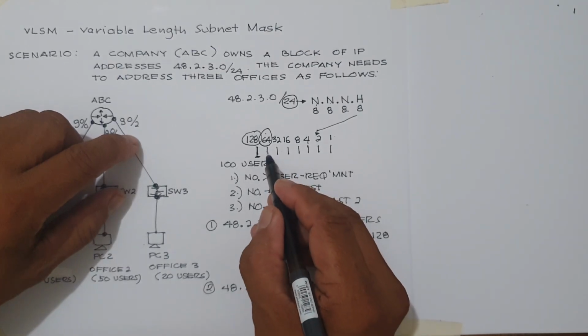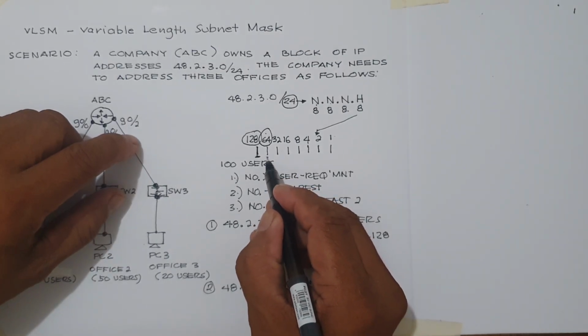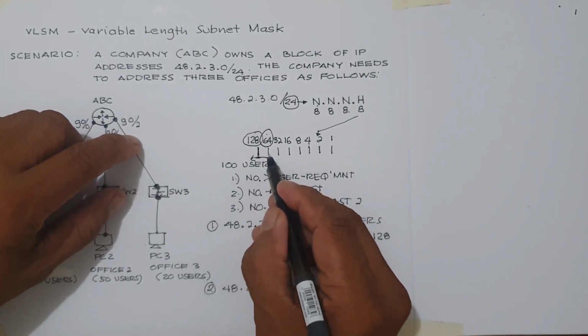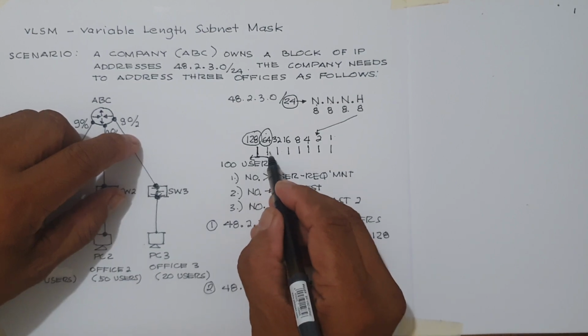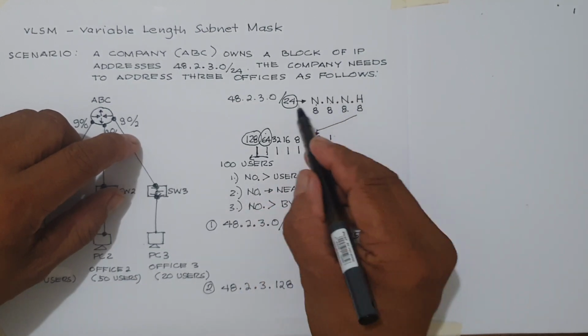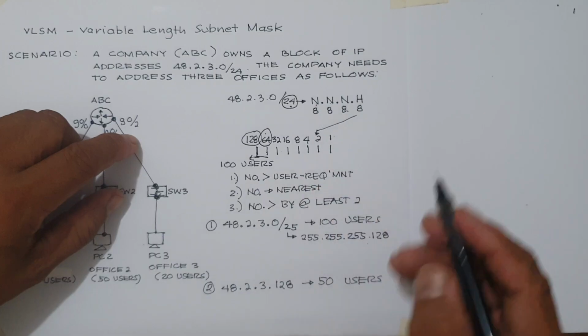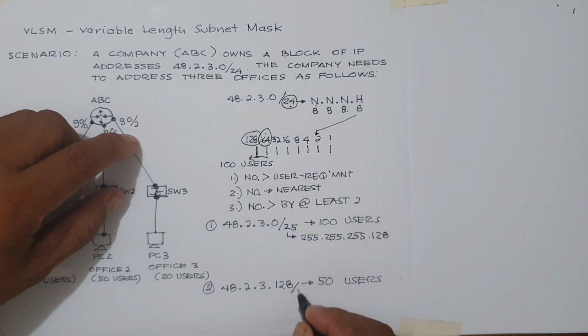And going down to the bit and counting the bits to the left, you have now 2 bits to be added to the original network bits, which is 24. So this will now be /26.